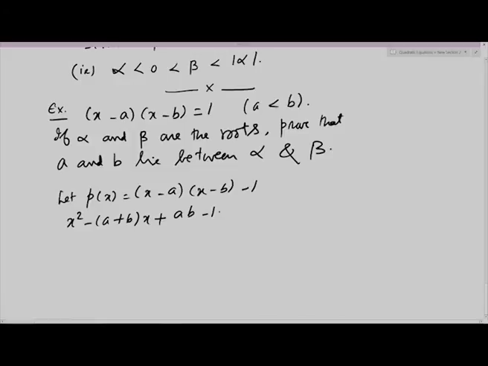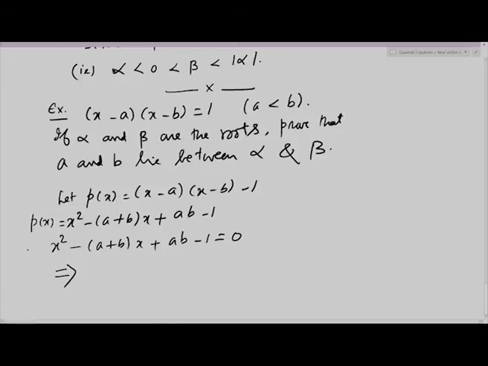Okay. So, P of x equal to 0 implies x square minus (a plus b)x plus ab minus 1 equal to 0.